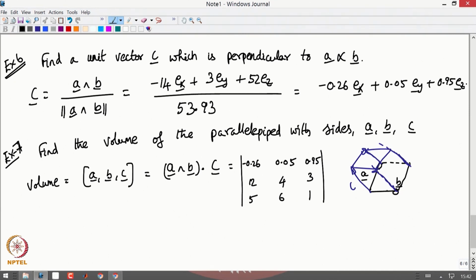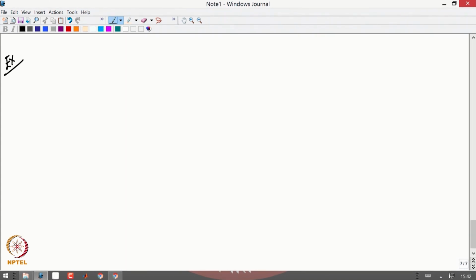Okay. Finally, let us look at an example problem on transformations. Example 8.